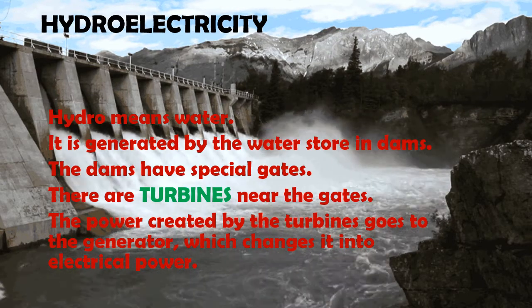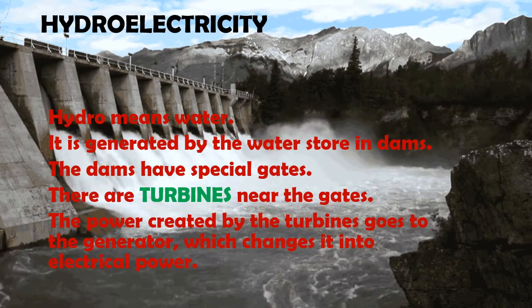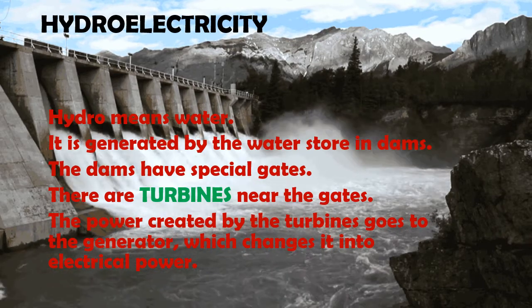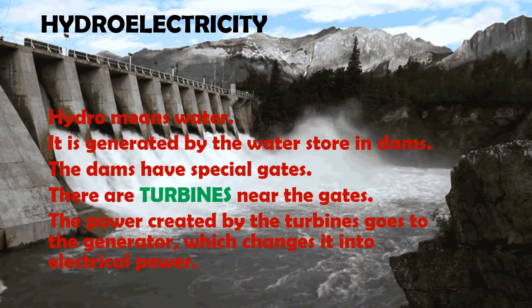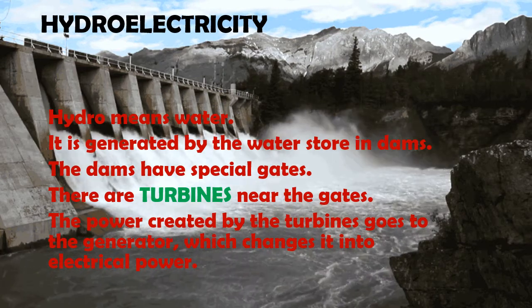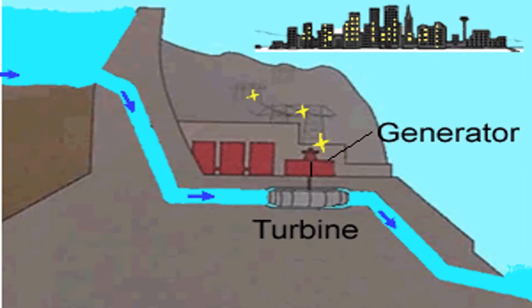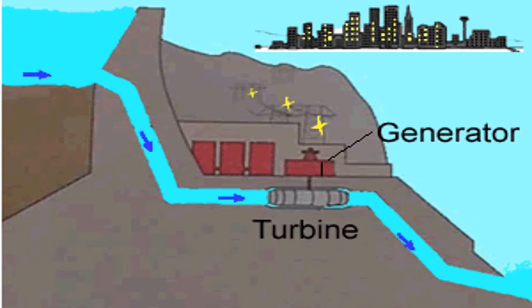Generator converts one form of energy into electrical power. So that's how hydroelectricity is produced. Here you can see how it works. Water is released from the reservoir or a dam, flows through a turbine.